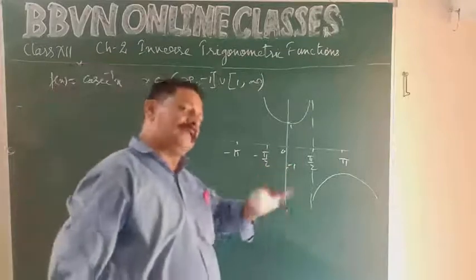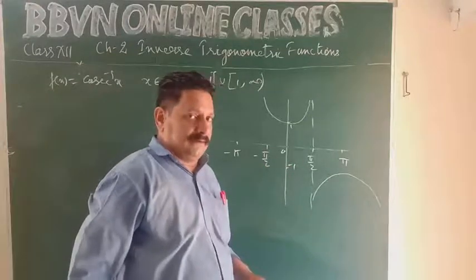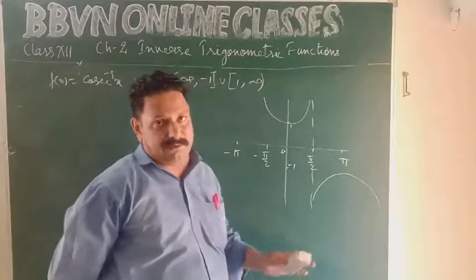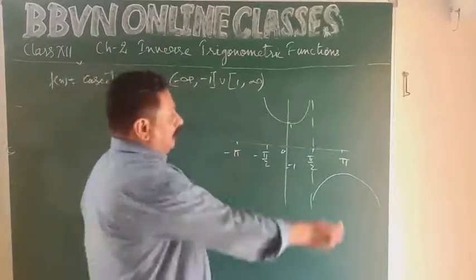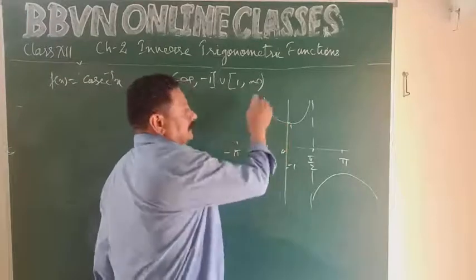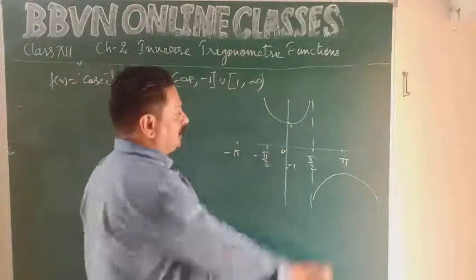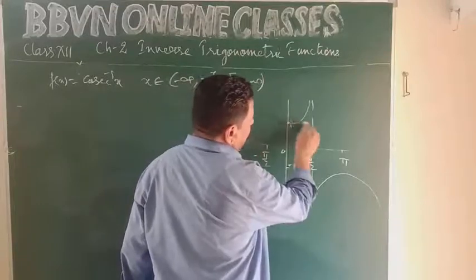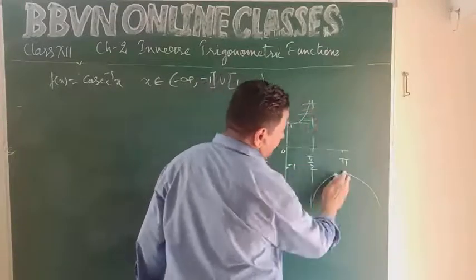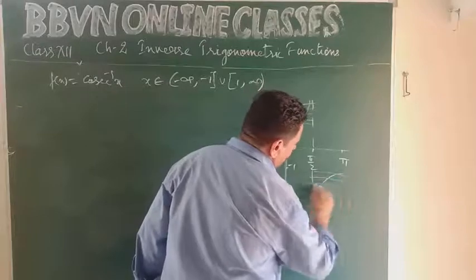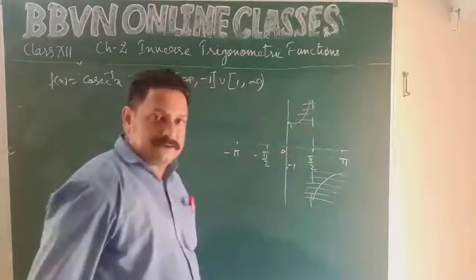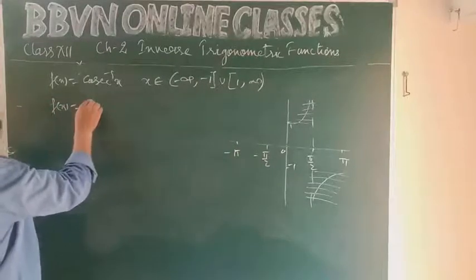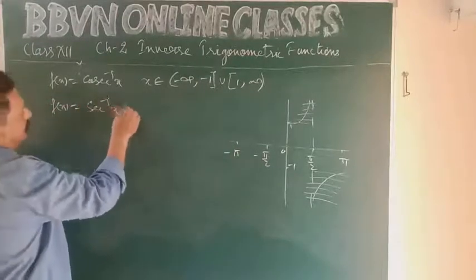Range of sec x is the same as the range of cosec x, right? But if I take the fourth quadrant, again sec is positive here. So I will take 0 to pi. What happens? Horizontal line test passed. Understood?